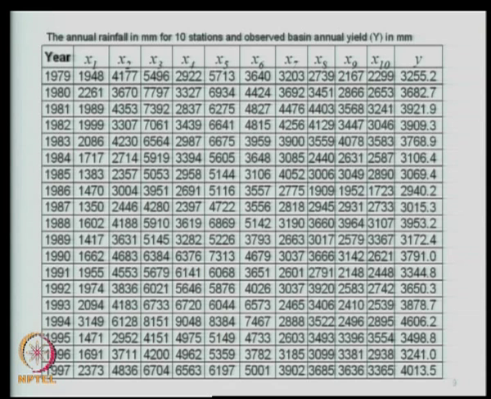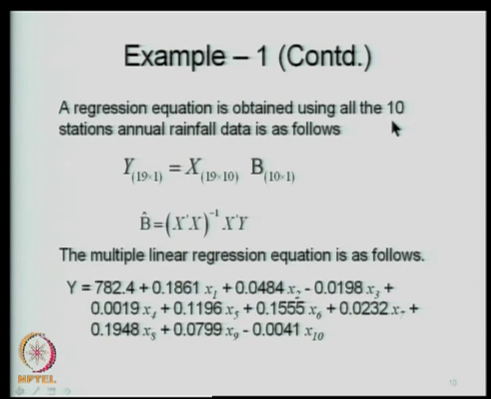As I said, the first step is that we standardize all the independent variables and generate the matrix x, which consists of the standardized independent variables, that will be n by p, that is 19 by 10. So, let us look at the regression equation now.